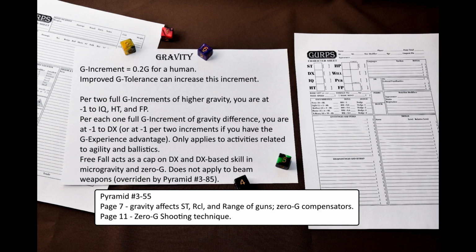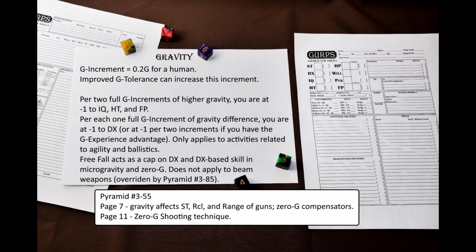For a human, this is 0.2g, unless he has the improved g tolerance advantage, which increases this increment. Per 2 full g increments of higher gravity, you are at -1 to IQ, HT, and FP due to reduced blood flow to the brain, general fatigue, and cardiovascular stress.